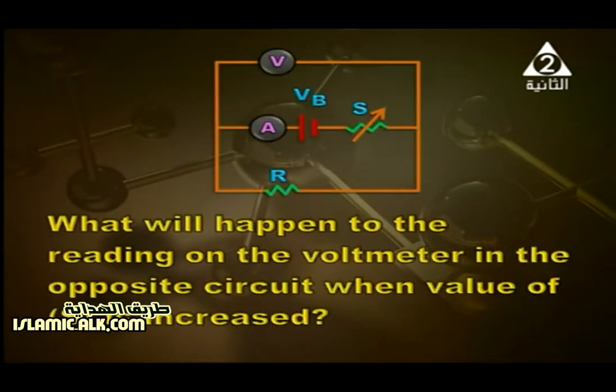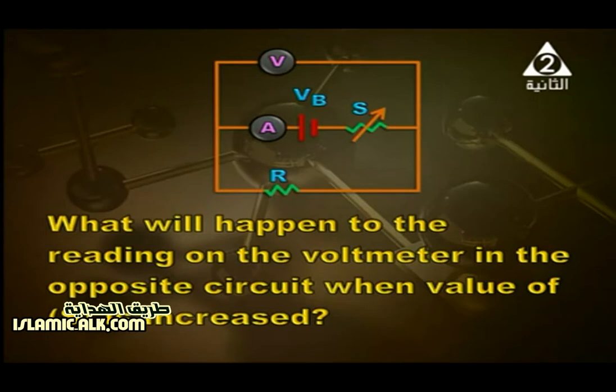What will happen to the reading on the voltmeter in the circuit shown in front of you when the value of the variable resistance is increased? Your attention please. Here the voltmeter reads the voltage across the resistance R, the external resistance only.